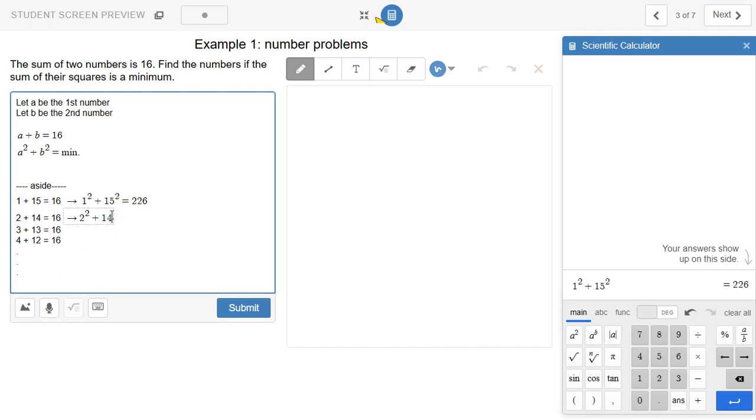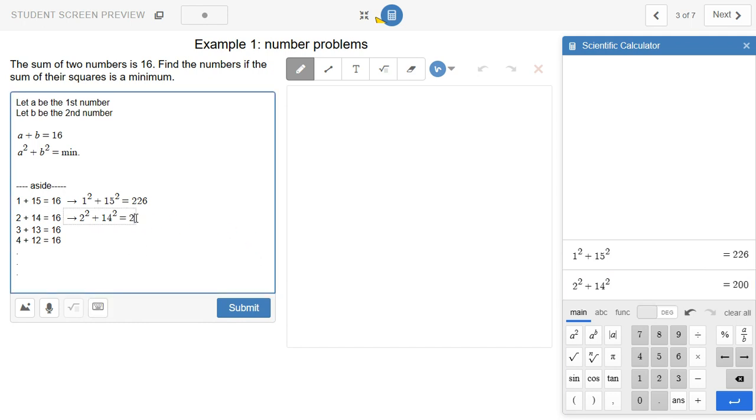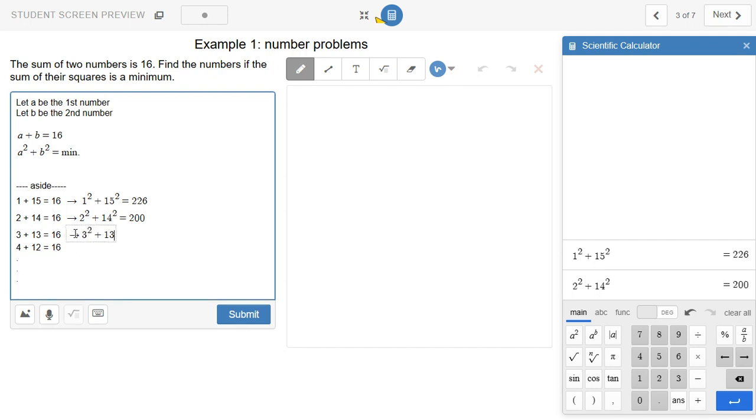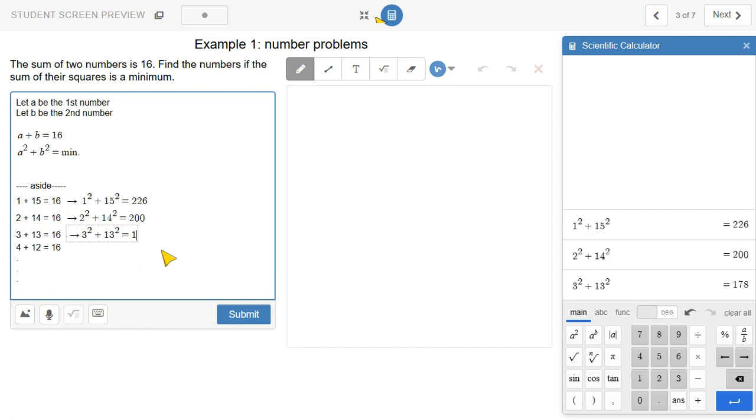So 2 squared plus 14 squared is 200. Third one, 3 squared plus 13 squared, 178.